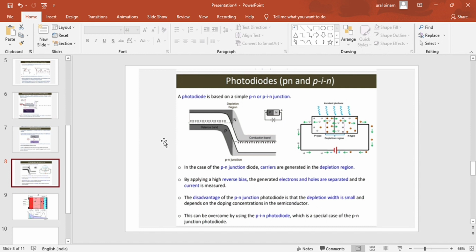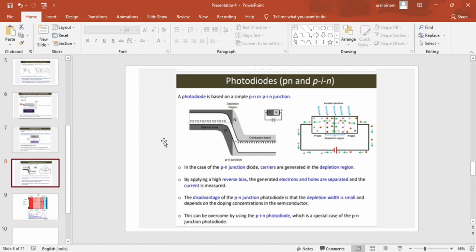In a PN photodiode, we have a semiconductor in which the majority carrier is hole, and a semiconductor in which the majority carrier is electron, and these two semiconductors are sandwiched together. When they are sandwiched together, the electrons and the holes in the border region move from one side to another, leaving only the immobile charge carriers in between.